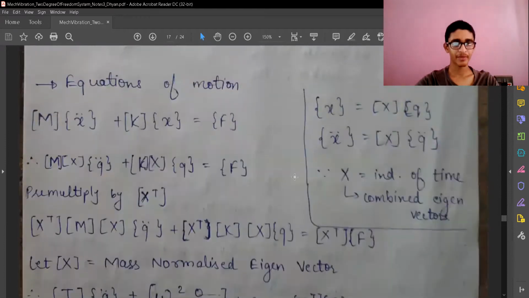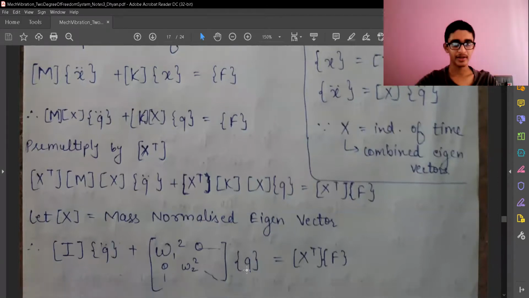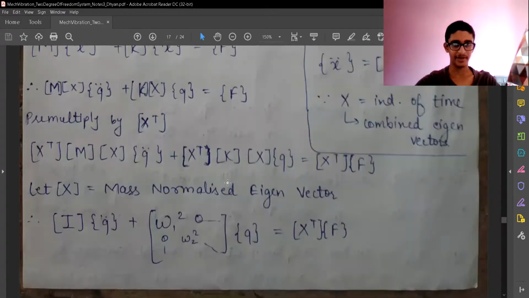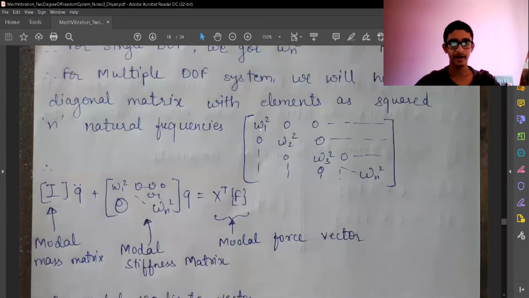Right now we have made that change and we have got one in front of the acceleration, so the coefficient for the displacement should be omega square. That's the analogy I have taken. The matrix will be a principal diagonal matrix where all the principal diagonal entries are omega n square or omega i square, the lambda values, and all off-diagonal entries will be 0.